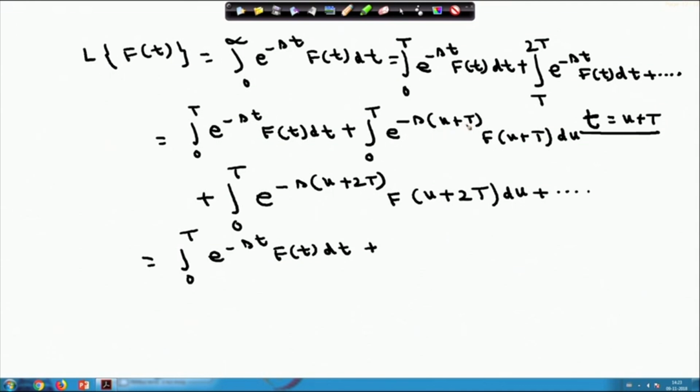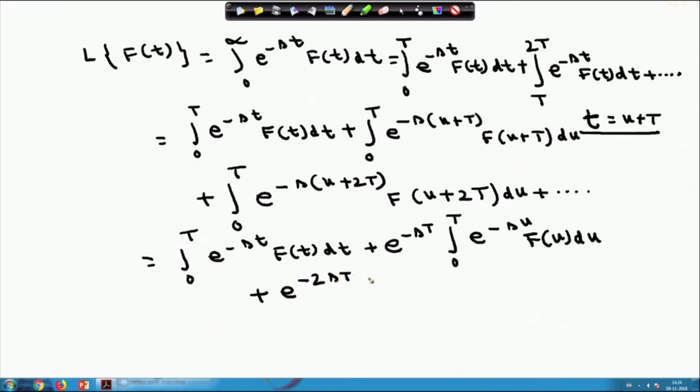This e power minus sT I can bring outside. So this I can write down as e power minus sT into 0 to T e power minus su into f(u) du. For the second case, I have to bring e power minus twice sT out.